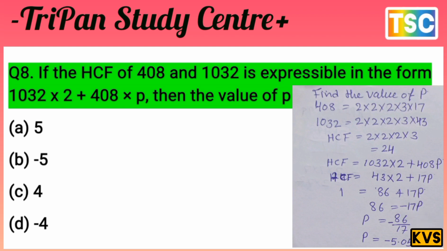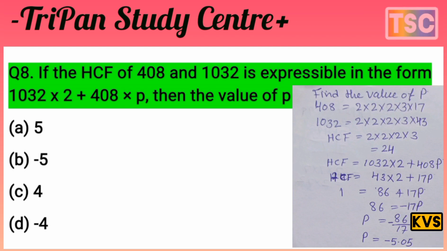That's important. Apply it for this question easily: 24 is equal to 1032 into 2 plus 408p.